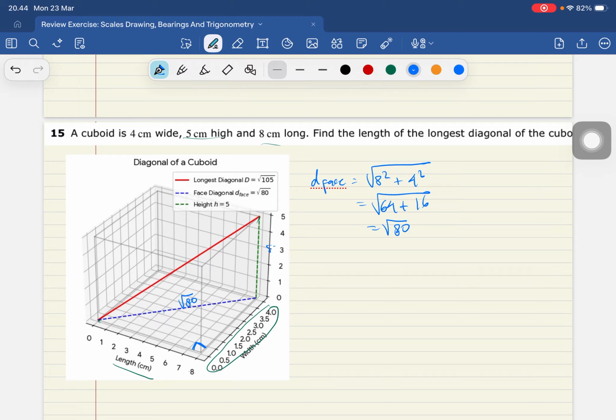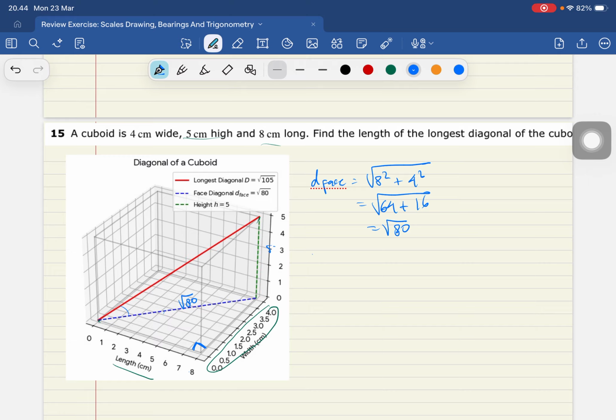So what can we find? Yeah, the angle between the space diagonal and the base. Here, we need to find this angle.